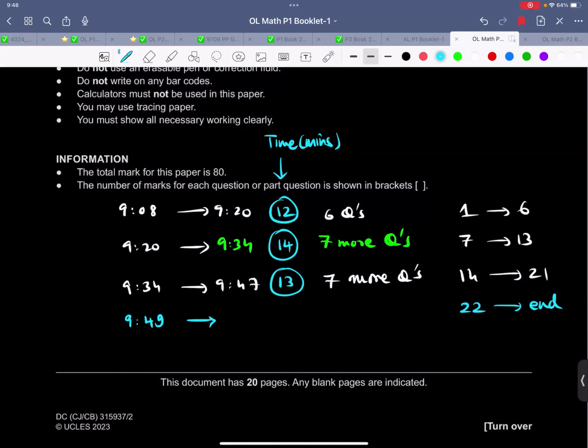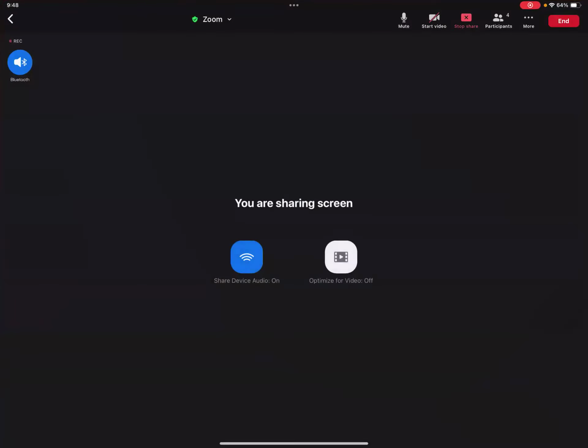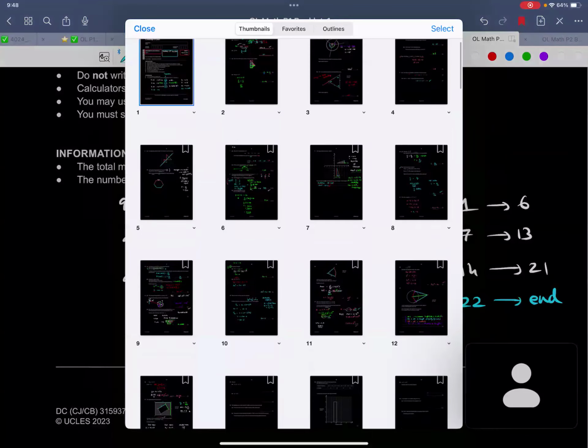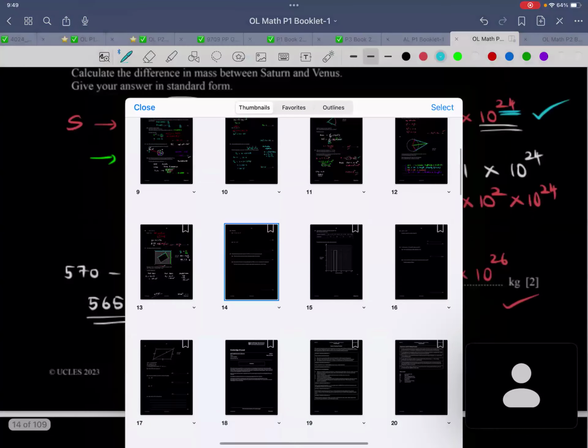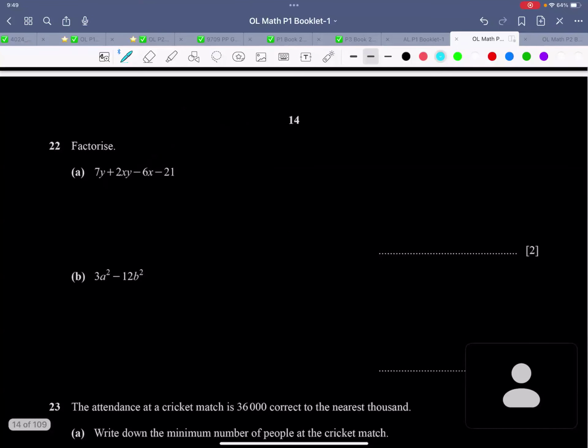So I hope so far, so good. Okay. So let's move on. Now, question number 22, we are starting at 9:49. 22 till 27: 22, 23, 24, 25, 26, 27, 6 questions.